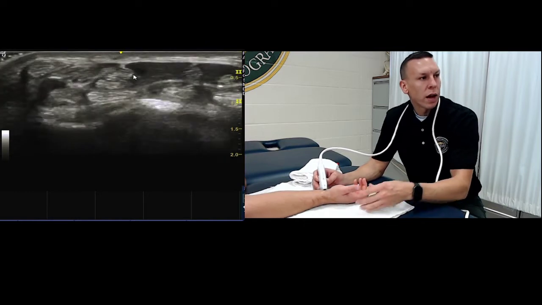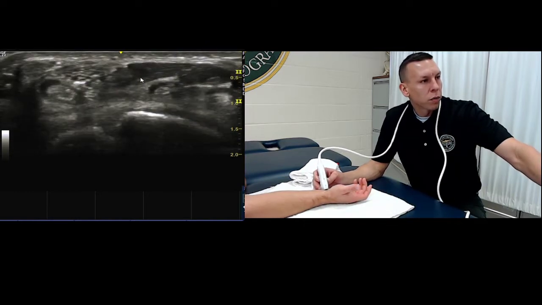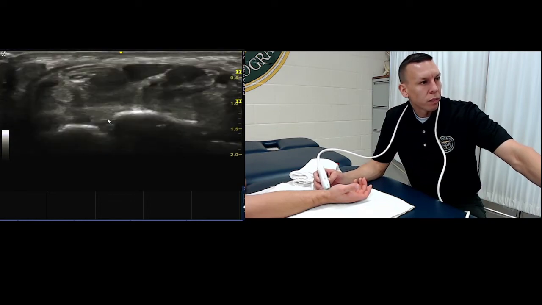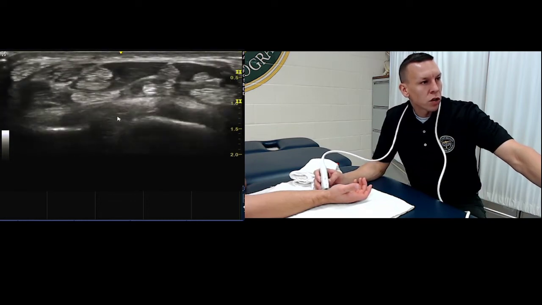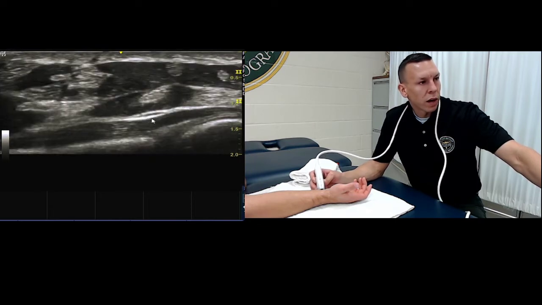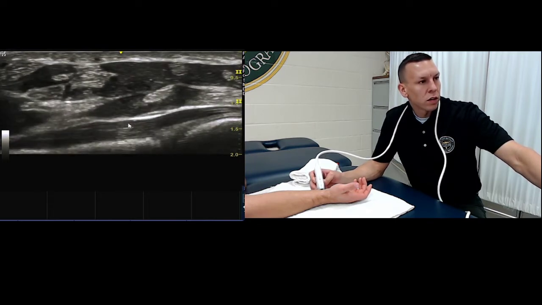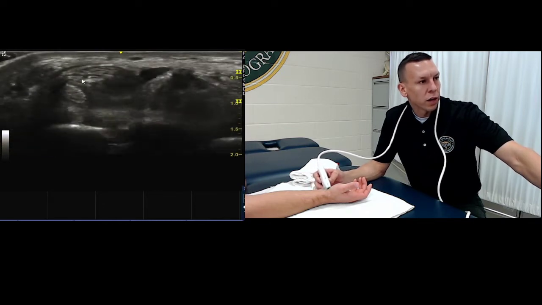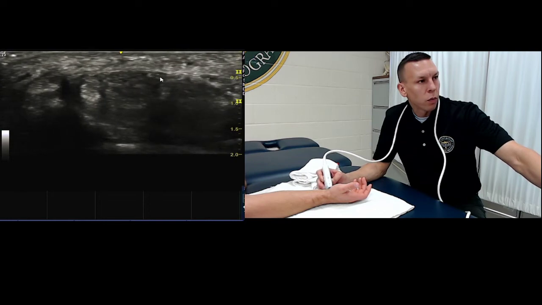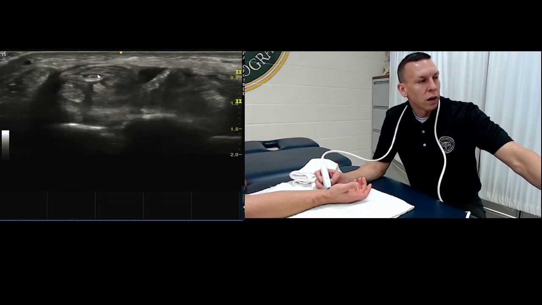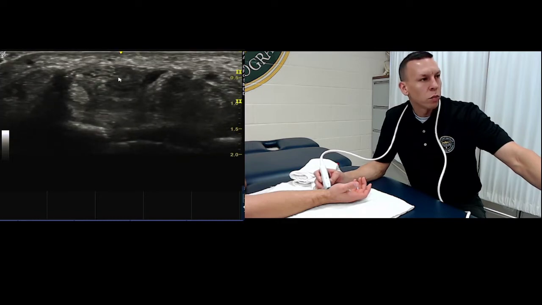You can measure it at the area of the pronator quadratus, this deep structure in the wrist going from medial to lateral here. You can measure the structure here and then measure again up at the carpal tunnel, and determine if it changes in size by more than 2 millimeters.